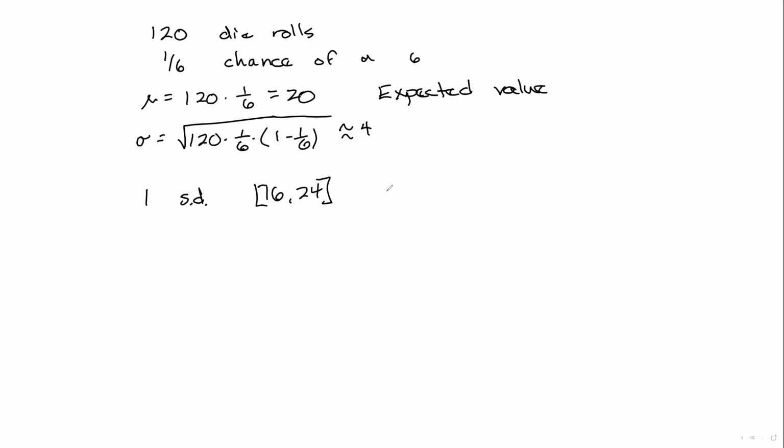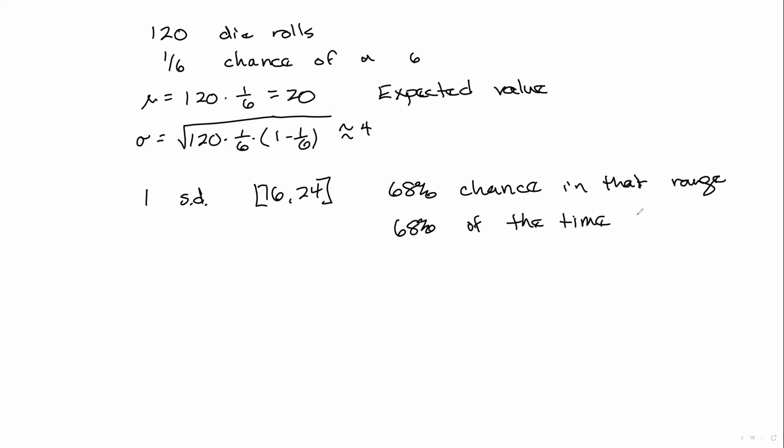And what that means is there's a 68% chance, if you actually did this, that your result is in that range. Or if you like the other interpretation, because these are the same, 68% of the time your result is in that range.